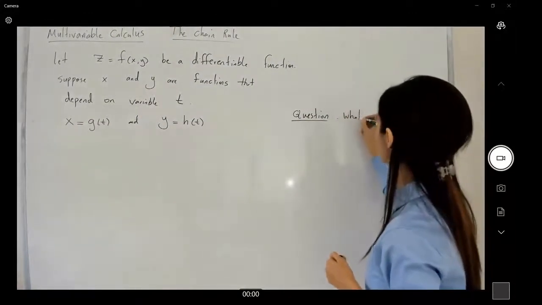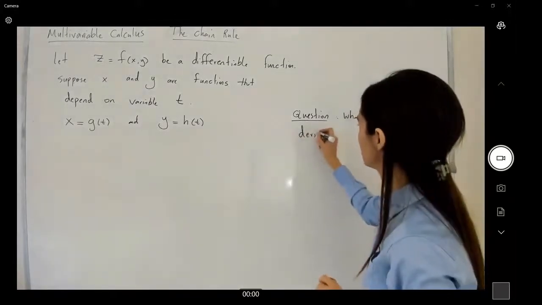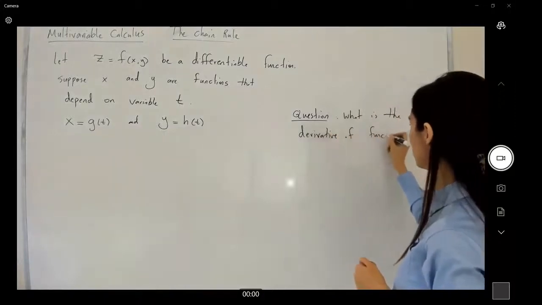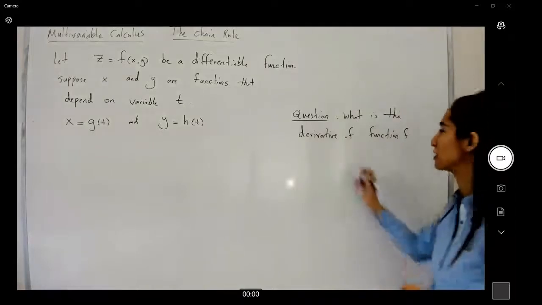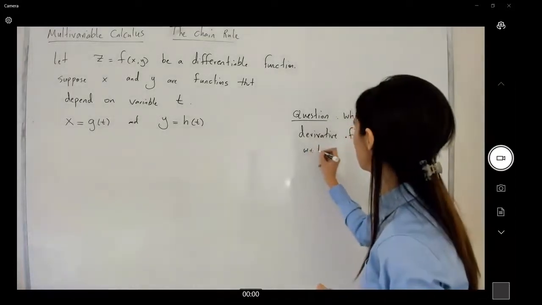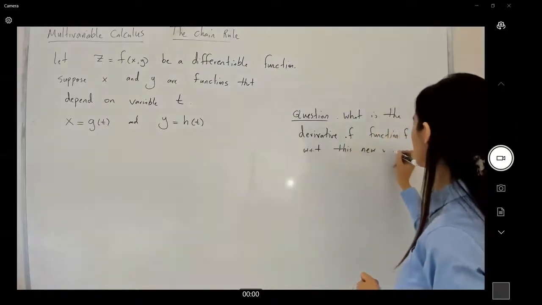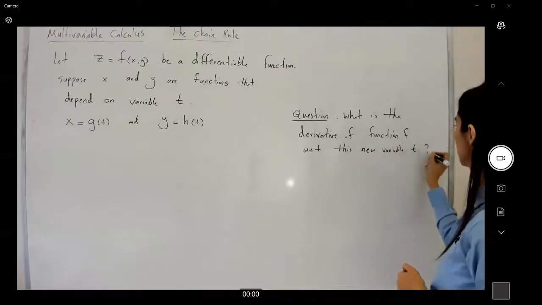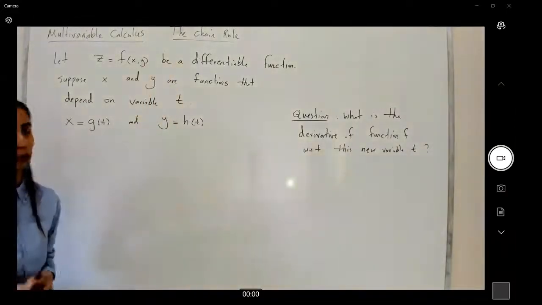What is the derivative of function f with respect to this new variable? That's how we define the chain rule.